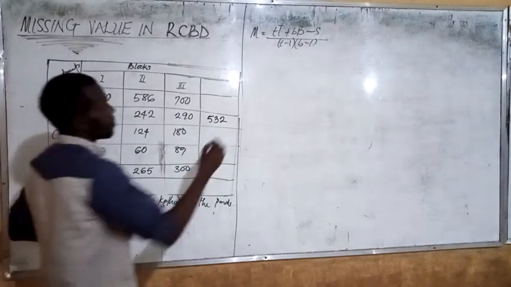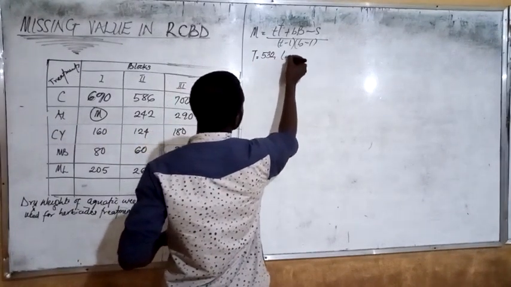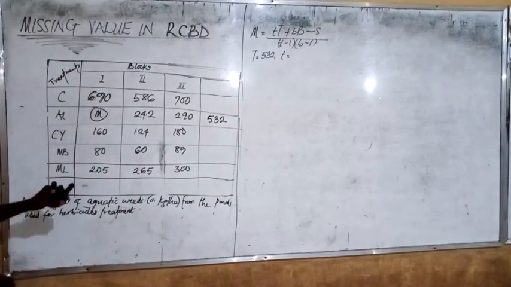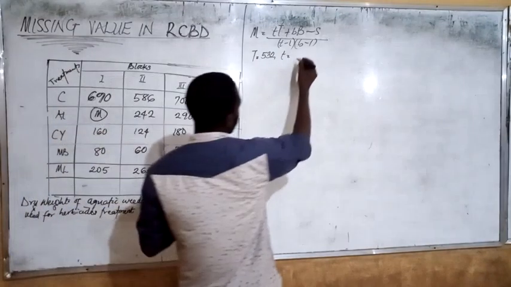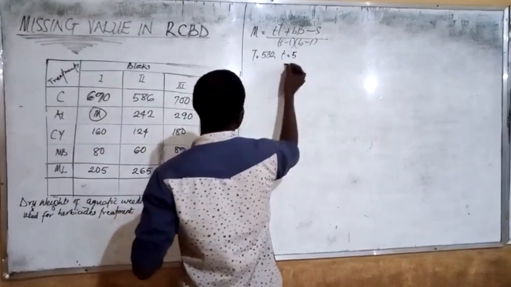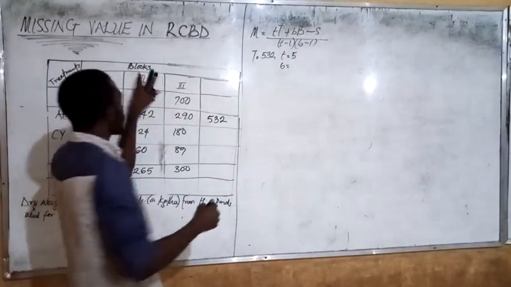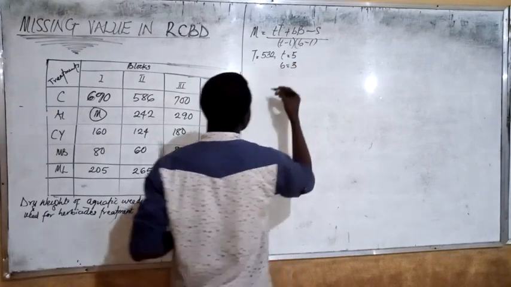So it means that our big T is equal to 532. Our small t is going to be, how many treatments have we? 1, 2, 3, 4, 5. 5 treatments. Then our small b is going to be, how many blocks have we? 1, 2, 3 blocks. You see it is indicated there. So we have 3 blocks.